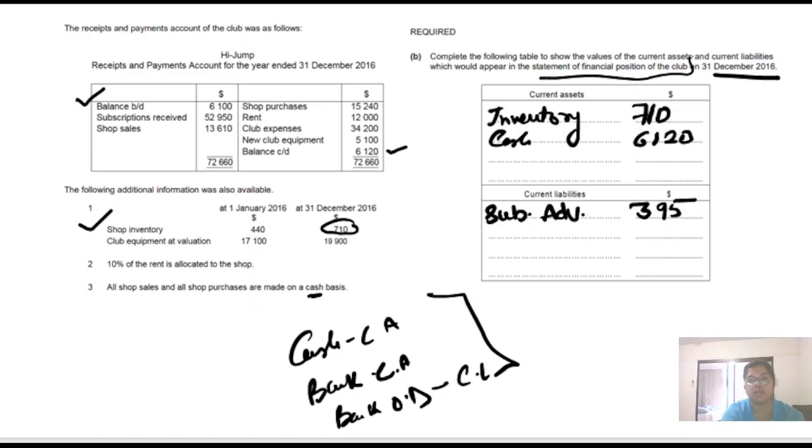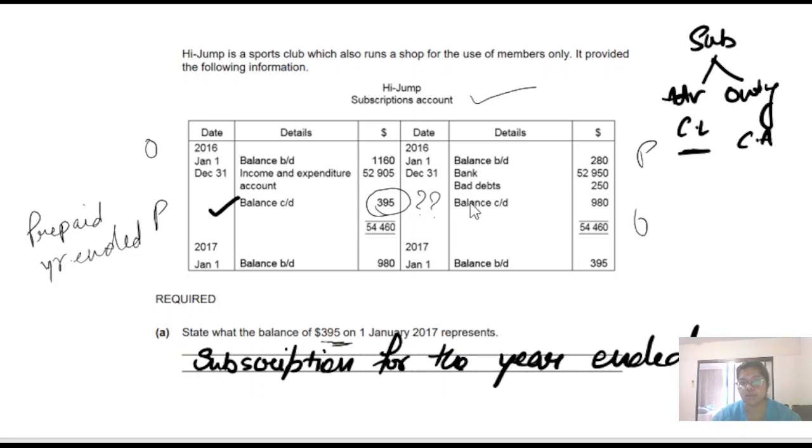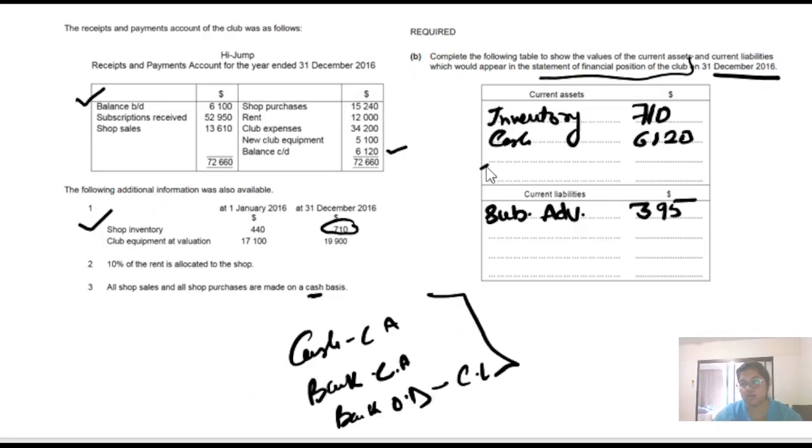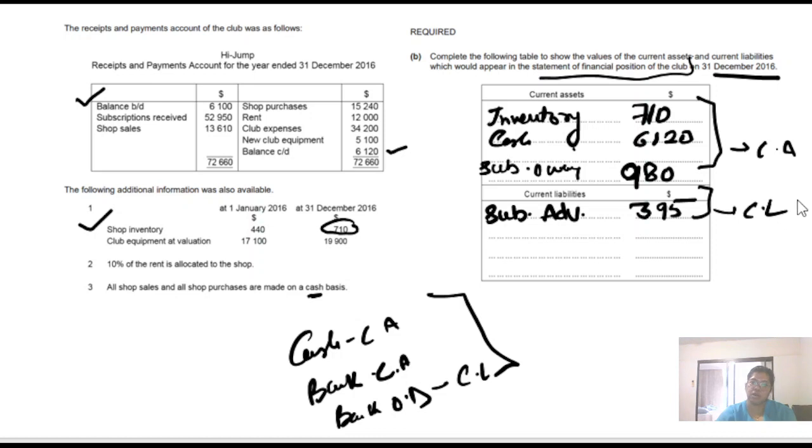Then owing is your current asset, so the owing value is 980, and we record subscription owing 980. So these three are your current assets, and this one only is your current liability.